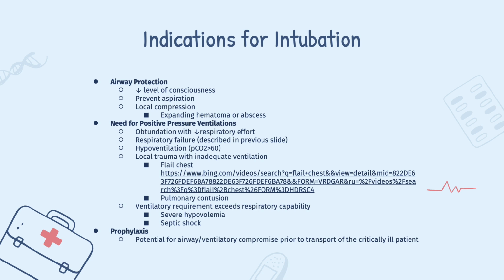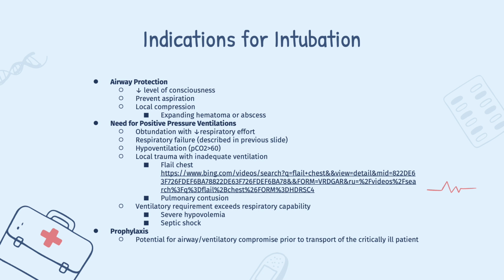Protecting that airway is going to be really important. Do I have a patient that has a need for positive pressure ventilation? So I could have an obtunded patient who has a decreased respiratory effort, a patient who's in respiratory failure, which we previously described on the last slide.